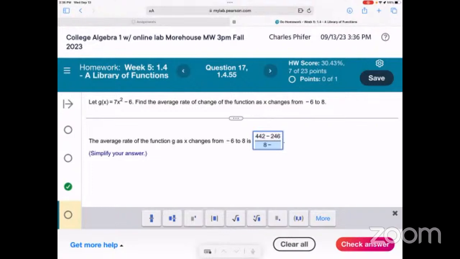Hey Google, what's 442 minus 246? 196. Over 14? Hey Google, what's 196 divided by 14? 196 divided by 14 is 14.